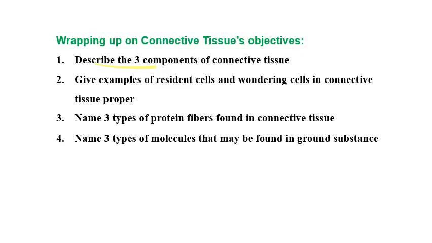And what are those? Cells, fibers, and ground substance. The fibers and the ground substance make up the matrix. All right. And you also have to give examples of resident cells that are sitting there.